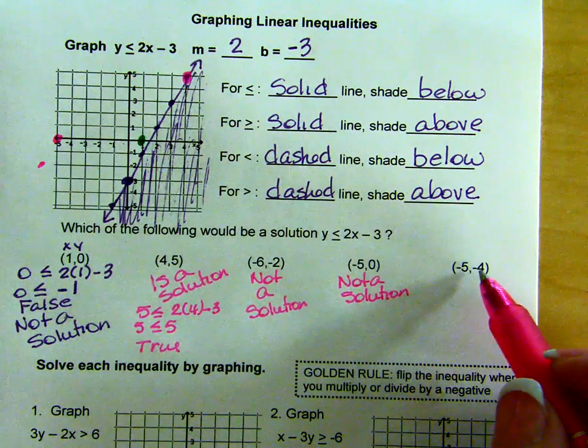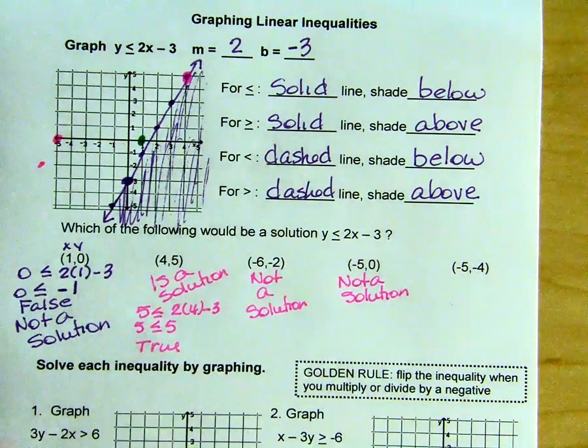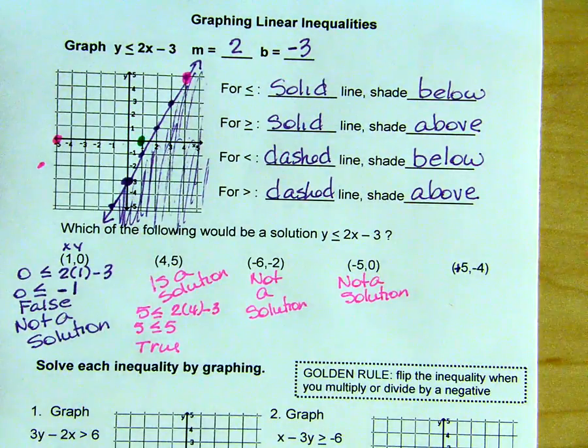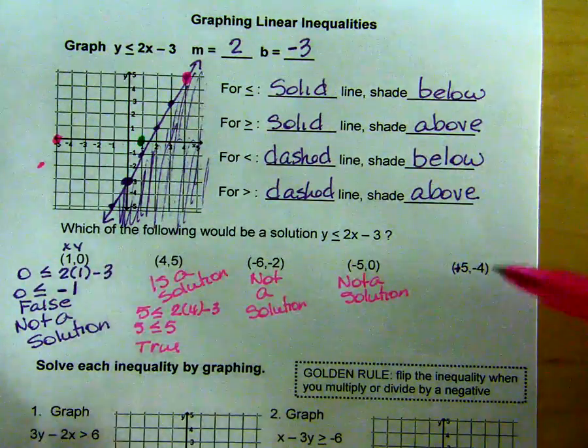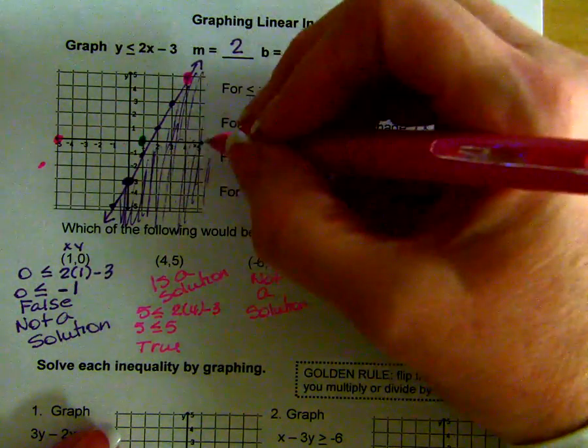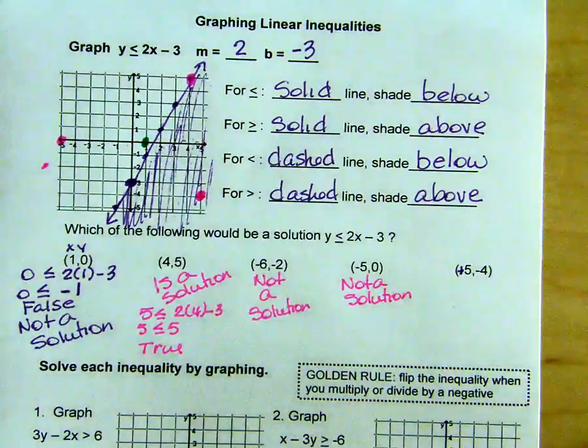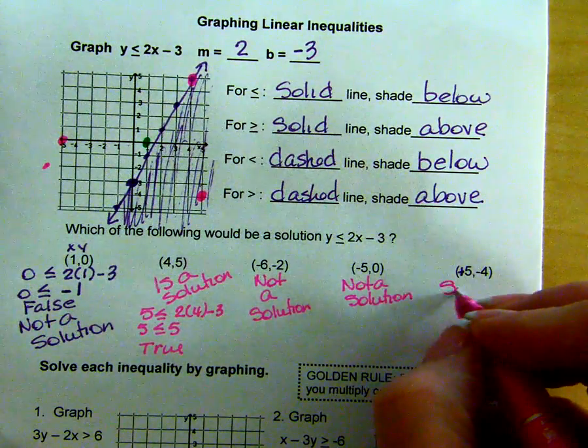-5, -4, and what I'm going to do here is change this example. Let's make this a +5, -4. So if I'm going to graph +5, -4, I'll go over here to +5 and go down -4. And here we have a solution.